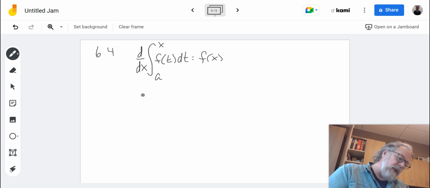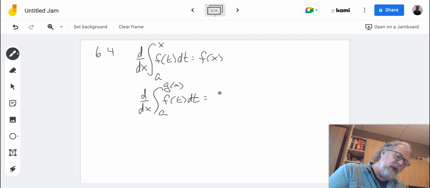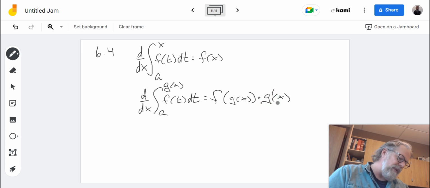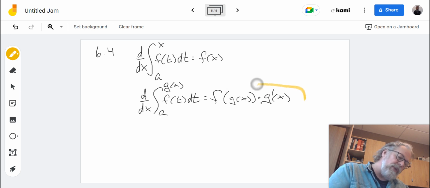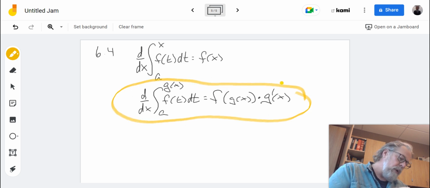And then we can extend that by saying, what if I have some other function up here? And we just use the chain rule. This becomes f of g of x times the derivative of g of x. So that is one half of the fundamental theorem of calculus.